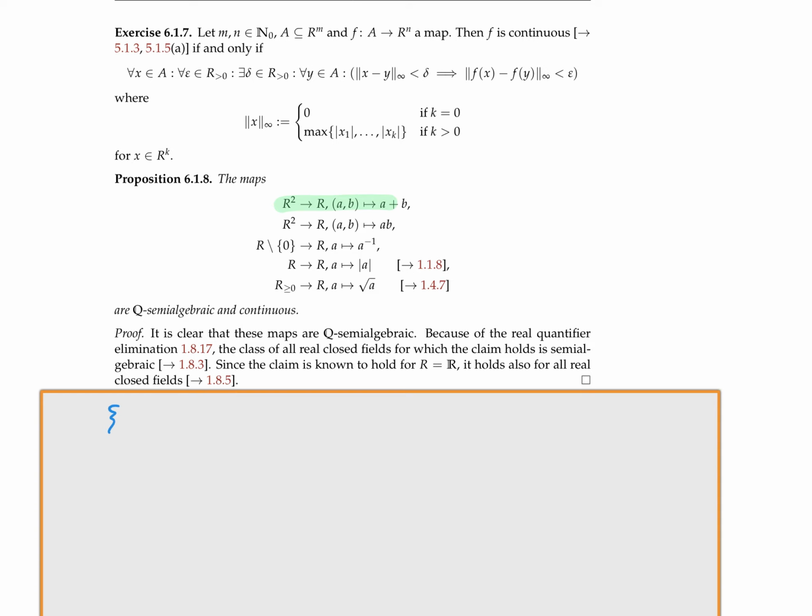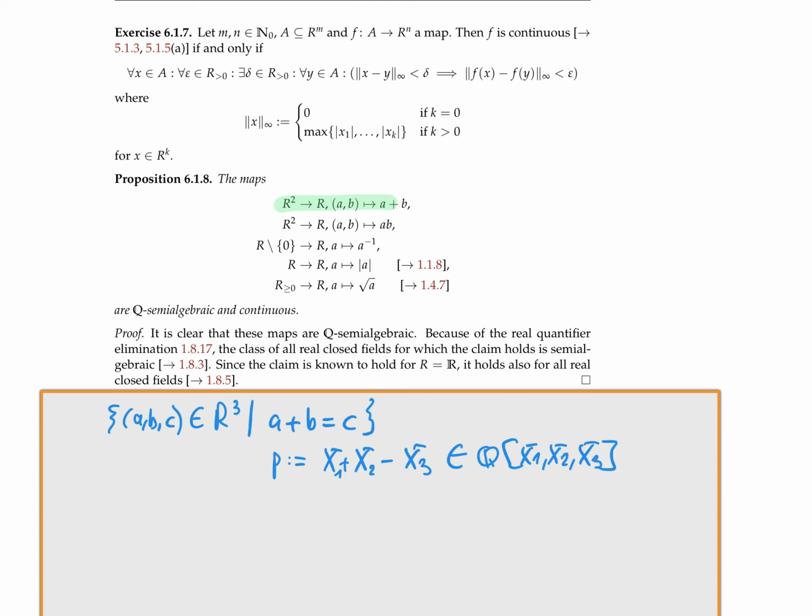Well, the graph of it is the set of all A, B, C in R to the 3, such that A plus B equals C. That's just the solution set of a polynomial equation with coefficients in Q. The corresponding polynomial would be x1 plus x2 minus x3. So that's a polynomial over Q in 3 variables.